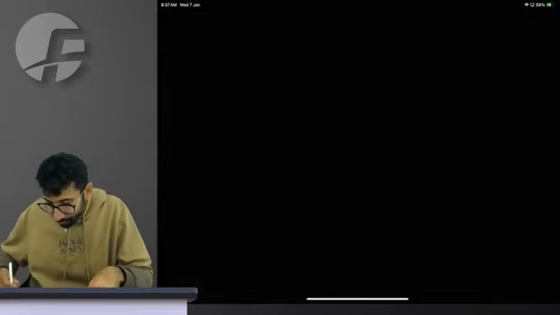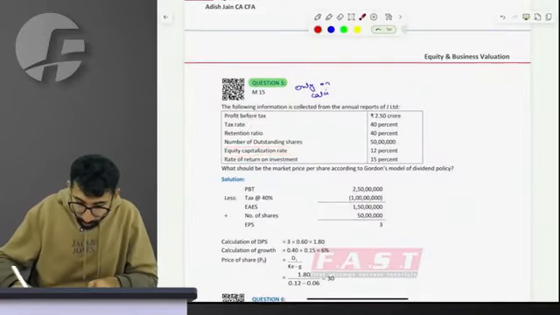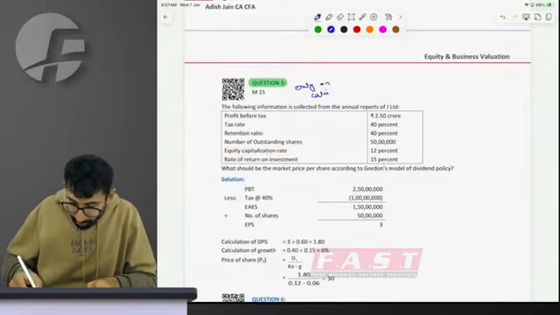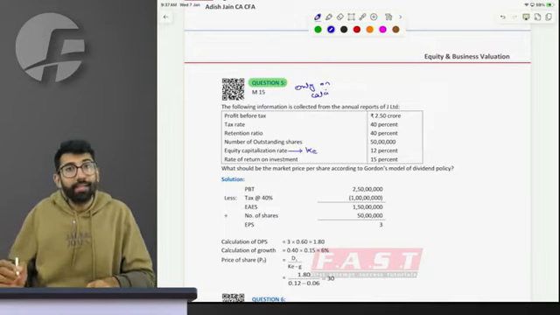Equity capitalization rate. What does it mean? What does the term equity capitalization rate mean? It is key.